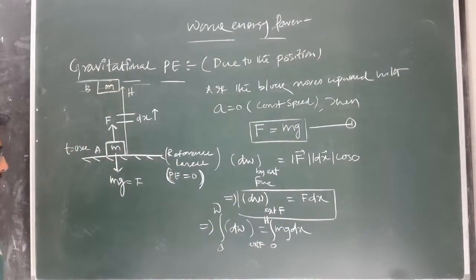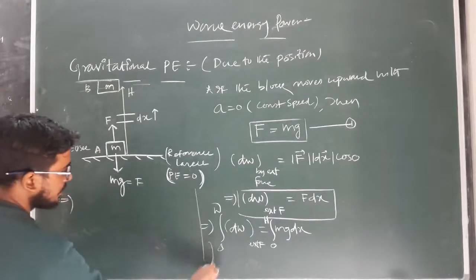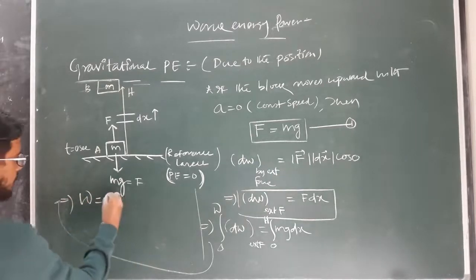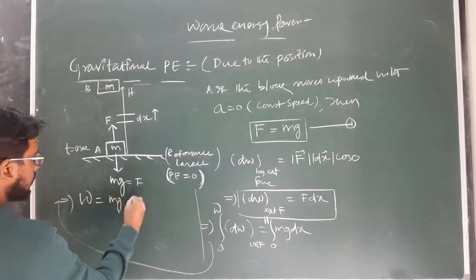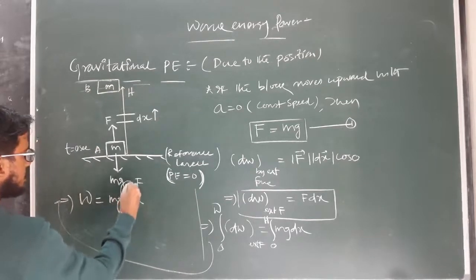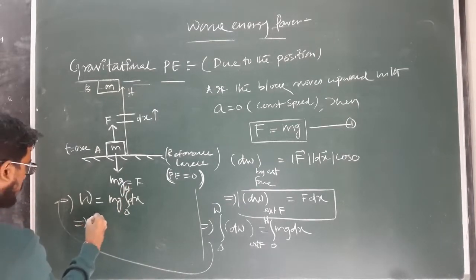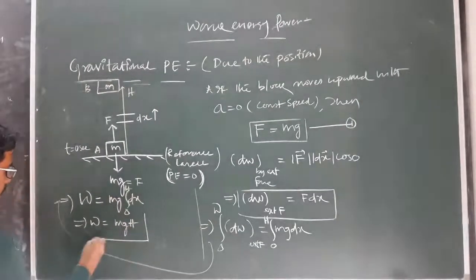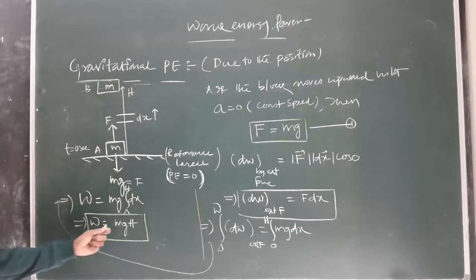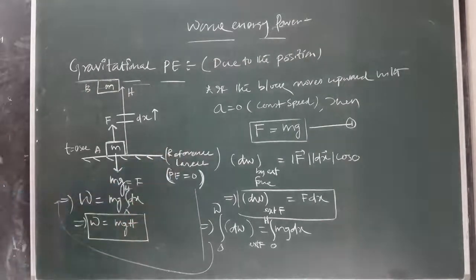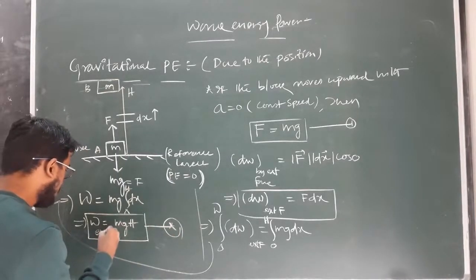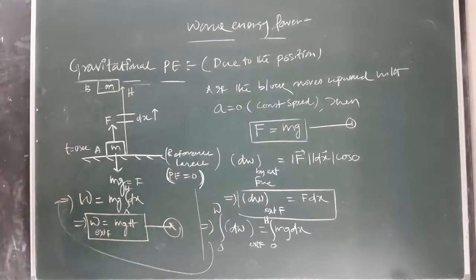So by solving, the total amount of work done W will be equal to mg integration of dx from 0 to h. So the total work done becomes mg into h. Okay, and this is the amount of work done by the external force. This is work done due to the external force, which is equal to mgh.